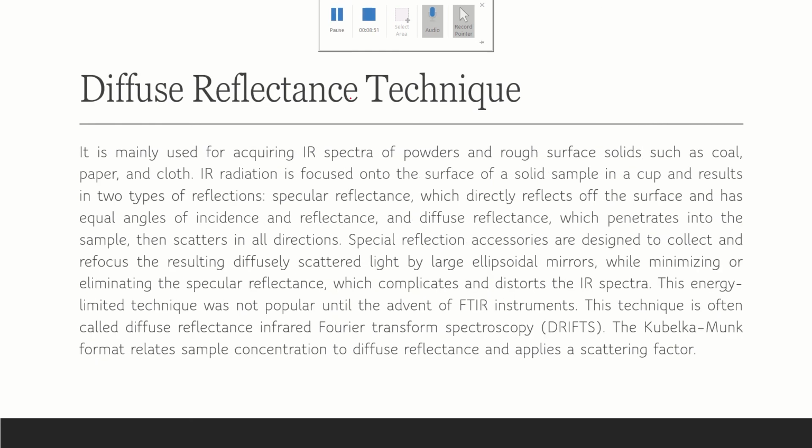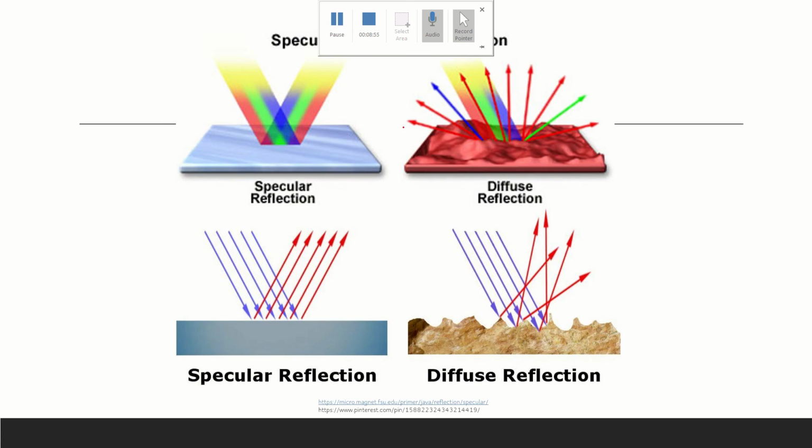The next technique is the diffuse reflectance technique, in which samples with rough surfaces can be analyzed: coal, cloth, etc. It depends on diffuse reflection. So what is diffuse reflection? There are basically two types of reflection: specular and diffuse. In specular reflection, the angle of incidence is equal to the angle of reflection for all the rays.